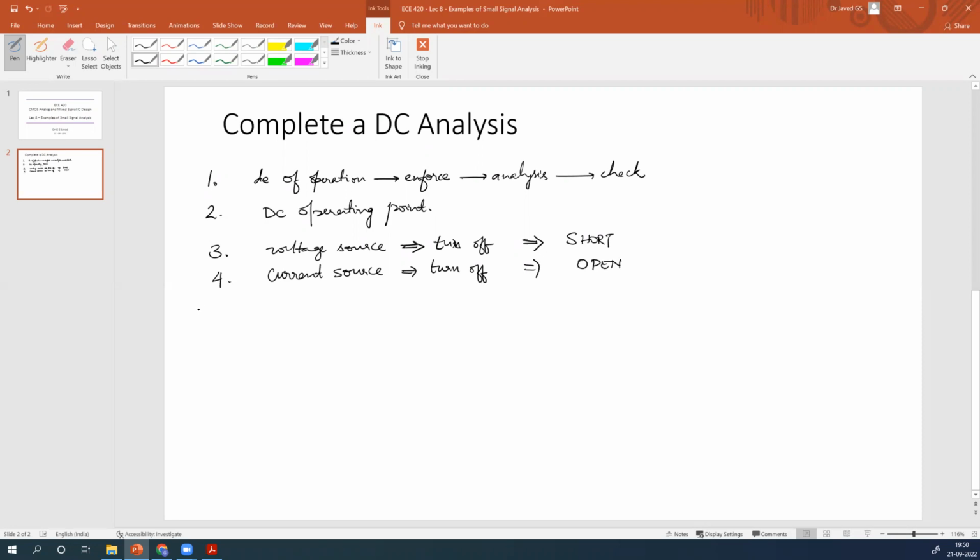Third, in small signal amplifiers, you will typically use a capacitance. In DC condition, the impedance of a capacitance is infinity, so you will get an open circuit.